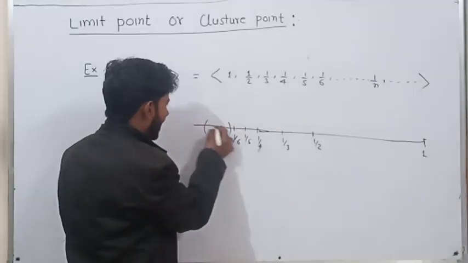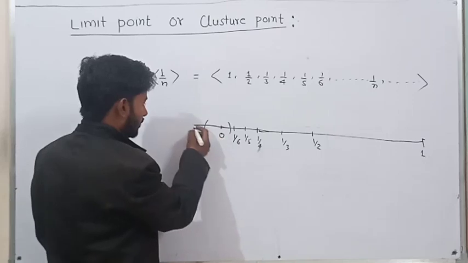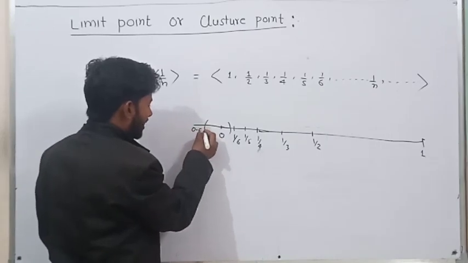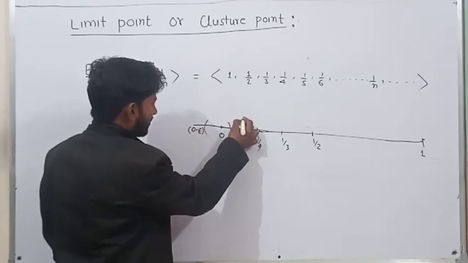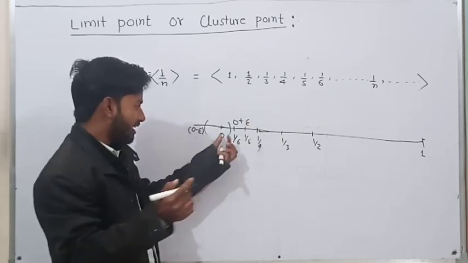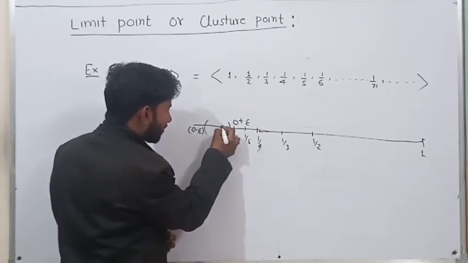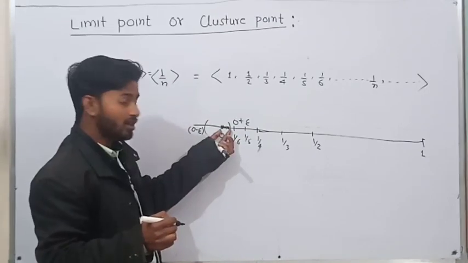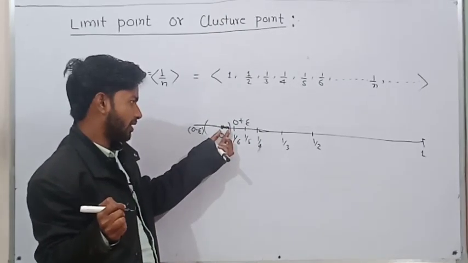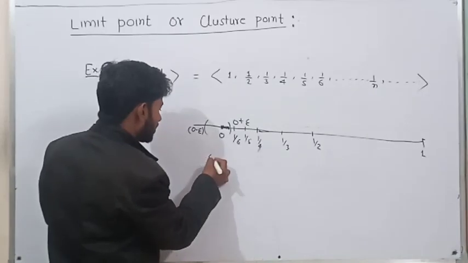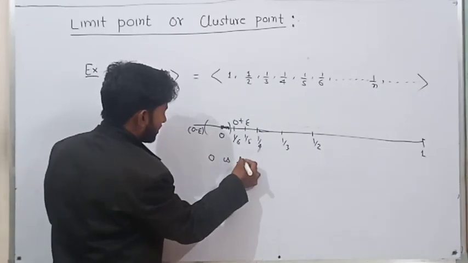If we find the neighborhood of 0, we get (0 minus epsilon, 0 plus epsilon). Here we see that in this area there are an infinite number of terms. So 0 is the limit point.